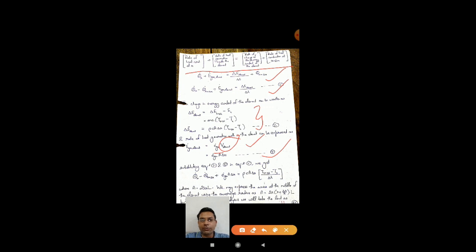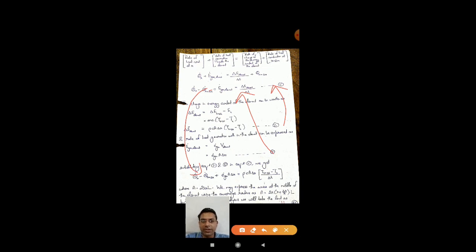Substituting equation number 2 and equation number 3 in equation number 1, the whole equation gets transformed into this particular equation.